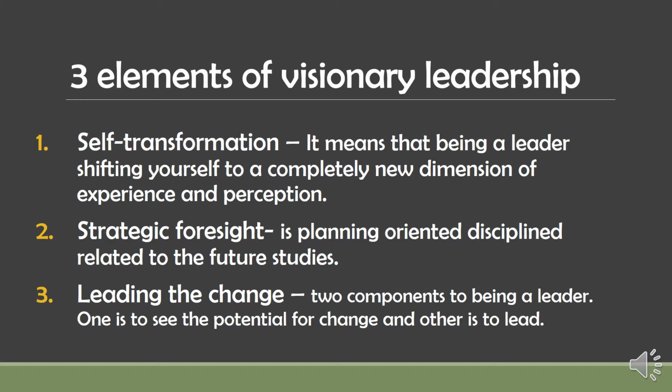Next is strategic foresight. It is a planning-oriented discipline related to future studies. It is the discipline organizations use to gather and process information about their future operating environment, for example the trends and developments in their political, economic, social, technological, and legal environment.